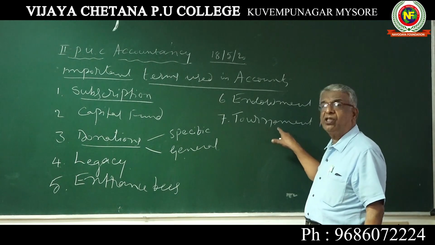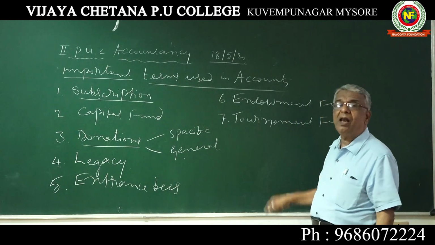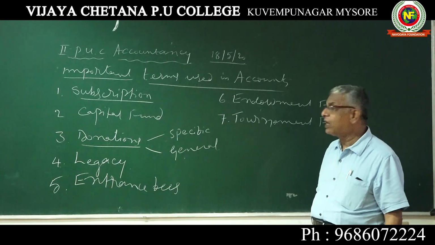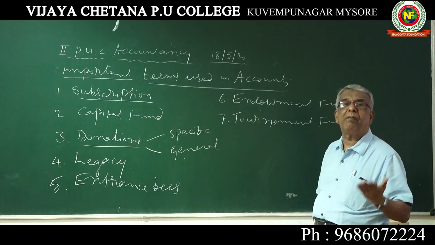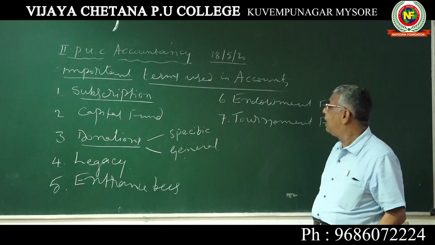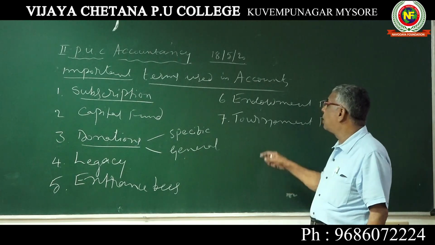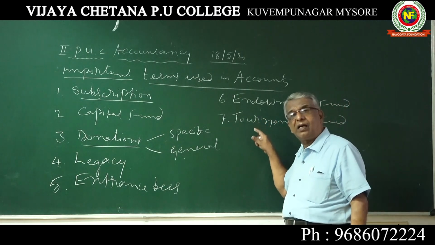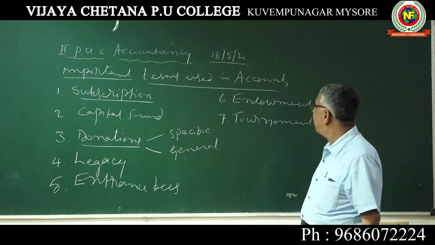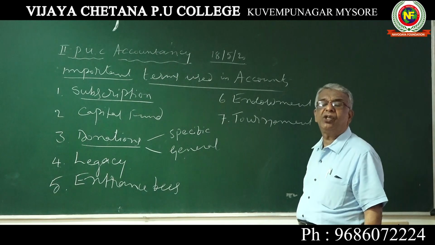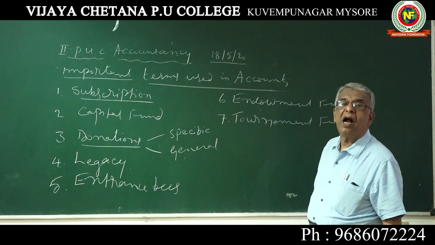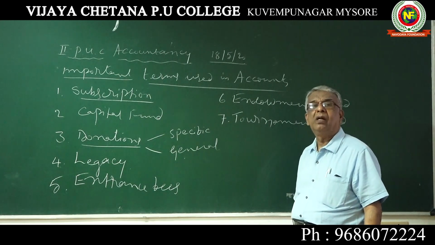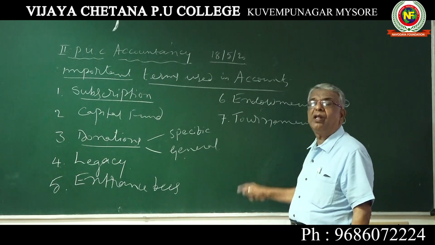One thing should be noticed here, it is a capital item. Suppose any amount is spent for the purpose of conducting the tour, then as you know, we have to deduct that tour expense from this tournament fund in the balance sheet on the liability side. And whatever amount is left has to be shown in the balance sheet.